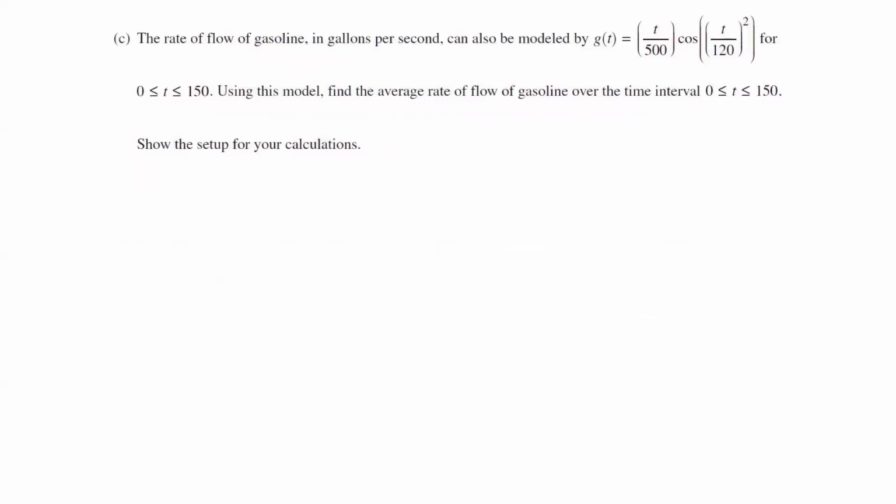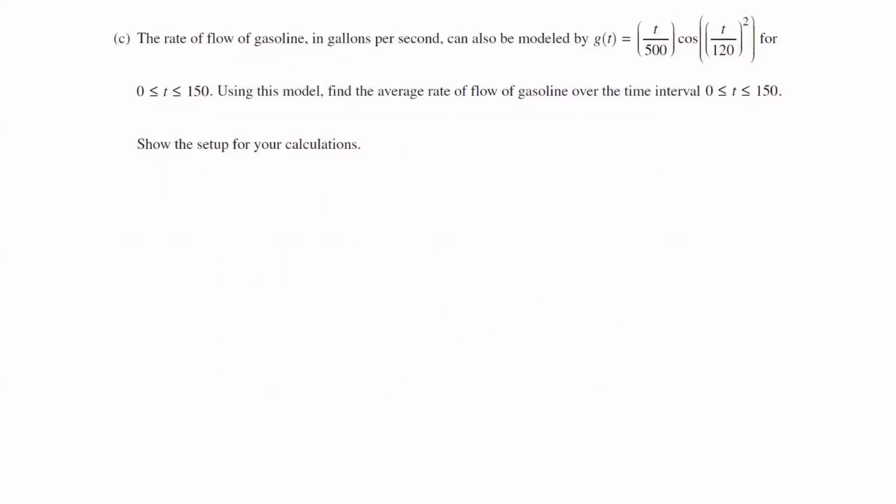Part C of this question has nothing to do with the tables that we've seen, and only has to do with the rate of flow of gasoline, the same kind of problem. But now we are given a different function, g of t, and using this model, we must find the average rate of flow of gasoline over the time interval from 0 to 150 seconds.